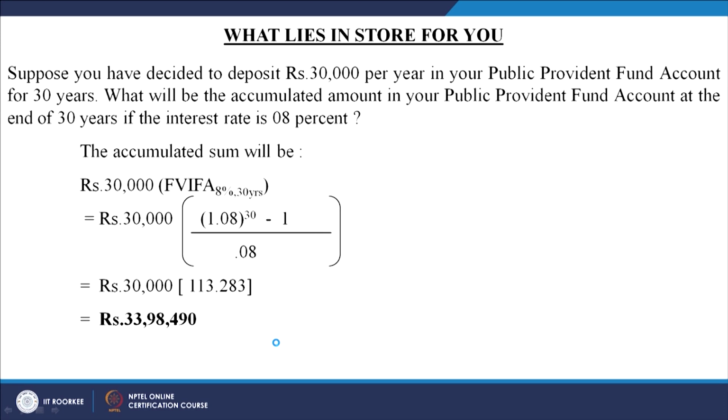We all make investments in PPF accounts for a period of 30 years, or we can decide the period depending upon our life, service and income level. What will be the accumulated amount in your PPF account at the end of 30 years if the interest rate is 8%?